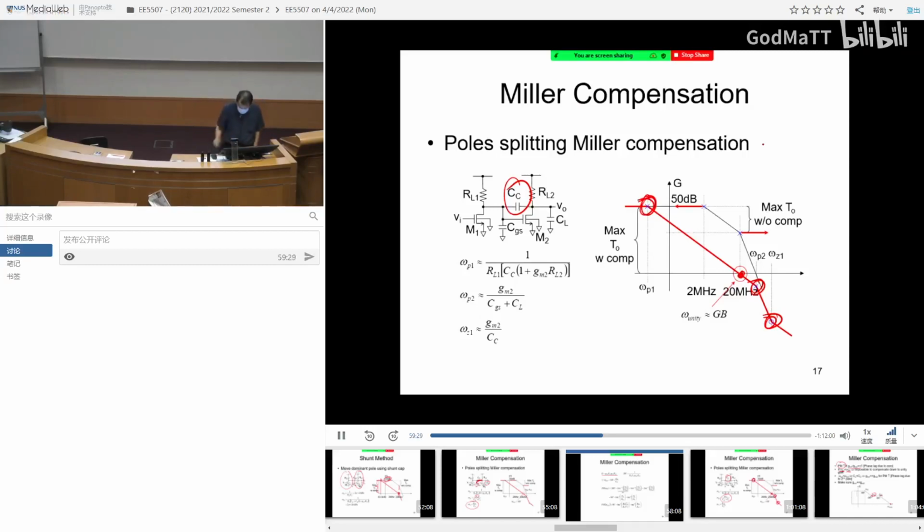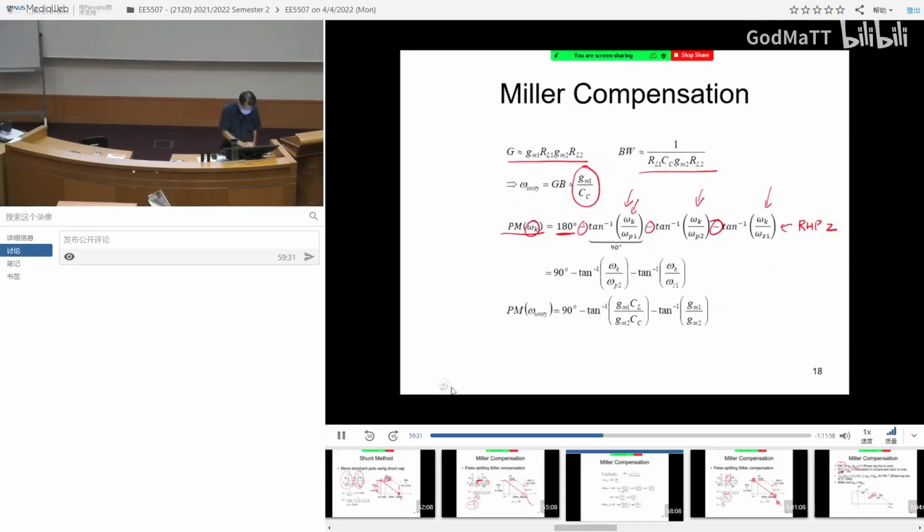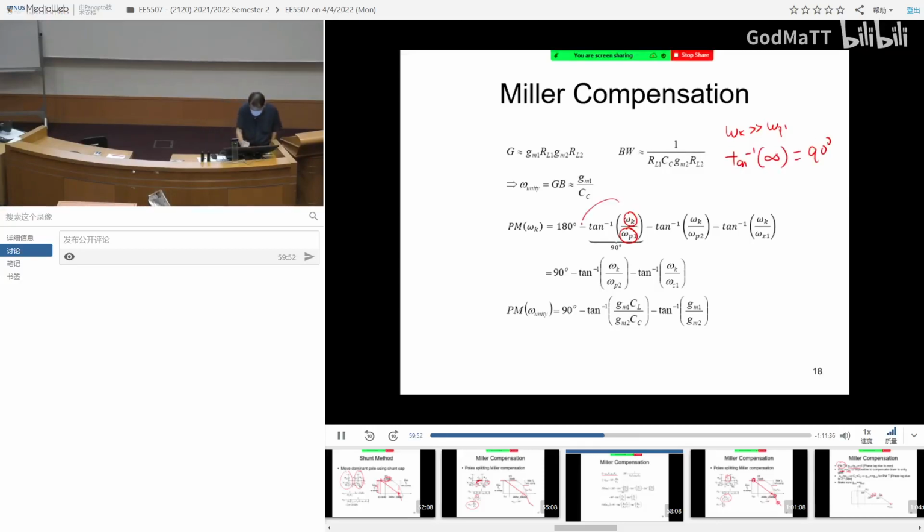Now, for the arctangent, this guy is very big, much bigger than omega P1, you are having omega k much bigger than omega P1. You can consider it like arctangent of almost infinity, right? That will give you 90 degree. So therefore, this term actually contributes 90 degree. So 180 degree minus 90 degree, you end up having 90 degree.